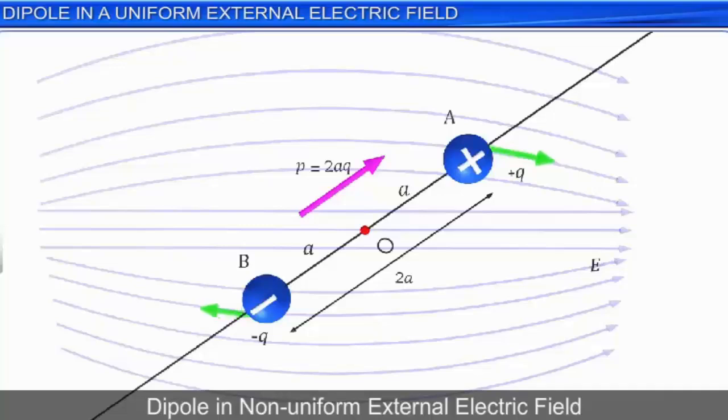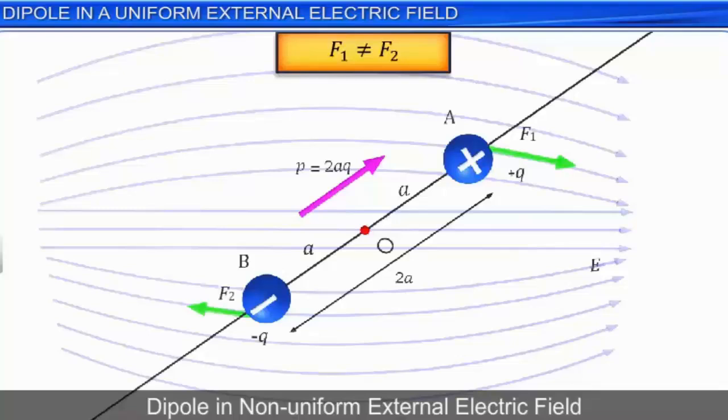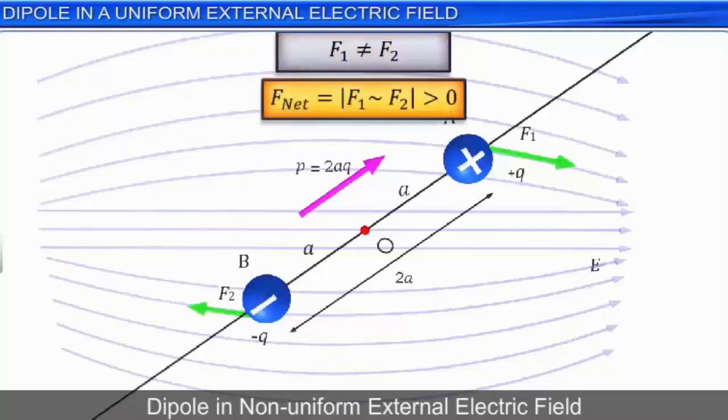Each experiences a force of unequal magnitude, say F1 on plus q and F2 on minus q, in different directions depending on the direction of the electric field strength at their respective locations. Hence, there is a net force on the dipole.